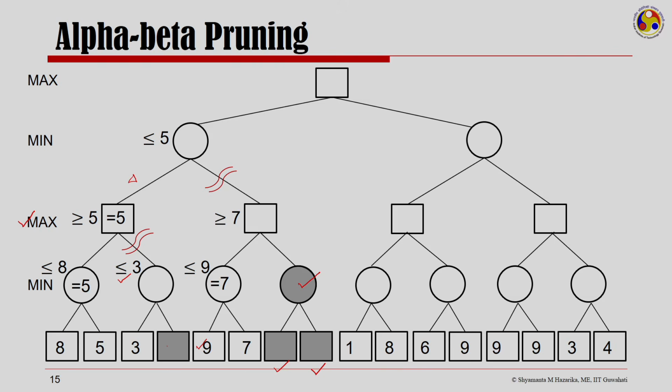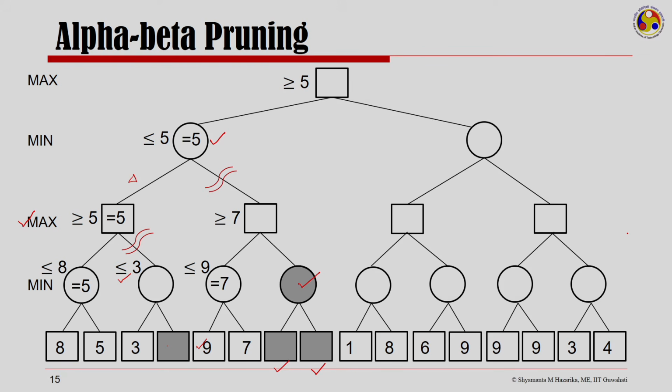Now, once we have that value and this right side of the subtree is not there, we can back up this value here as 5, and once that value is 5, the max node has a value here which is greater than or equal to 5.